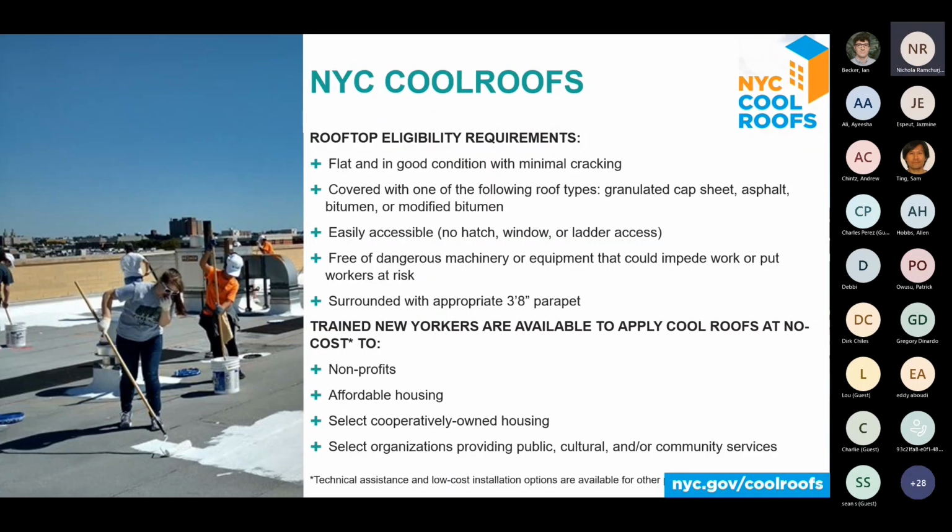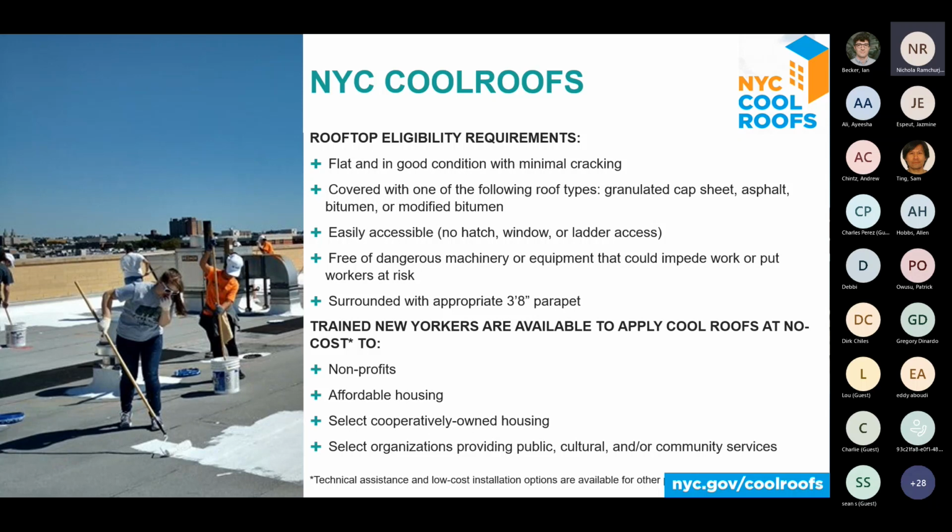Some eligibility requirements of the COOLROOF. Rooftop eligibility requirements are: it has to be flat and in good condition with minimal cracking, covered with one of the following roof types, either granulated cap sheet, asphalt, bitumen, or modified bitumen. It should be easily accessible, with no hatch or ladder, window or access.